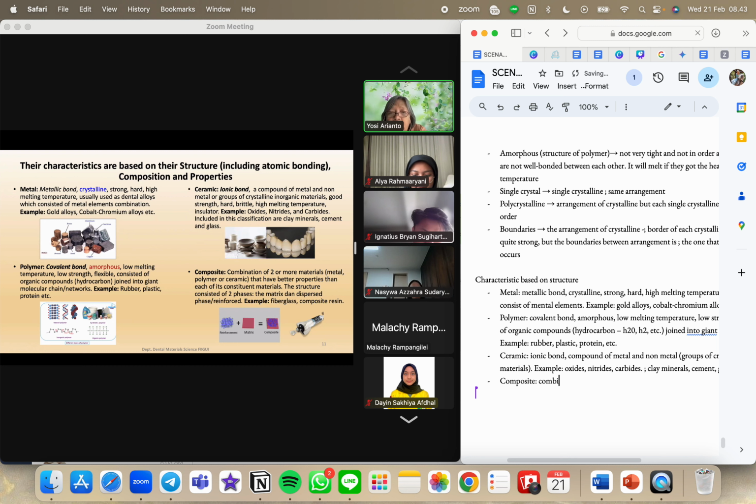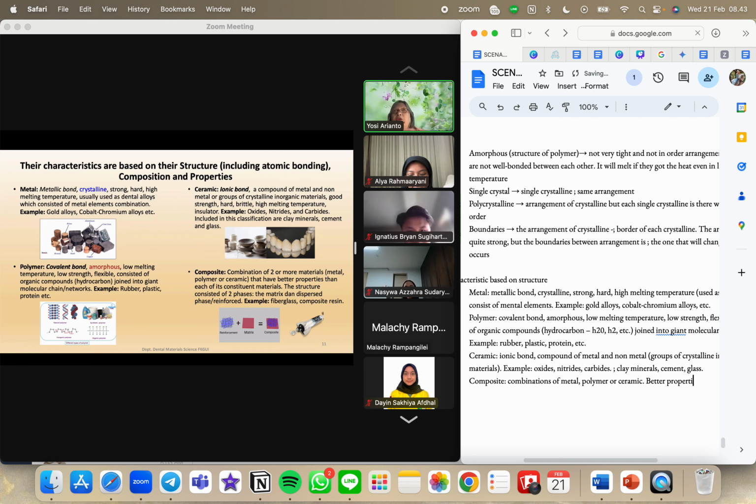They have good strength, very hard. It means that if they get some trauma, for example when you have a vase of porcelain and it falls on the floor, then it will directly be shattered.